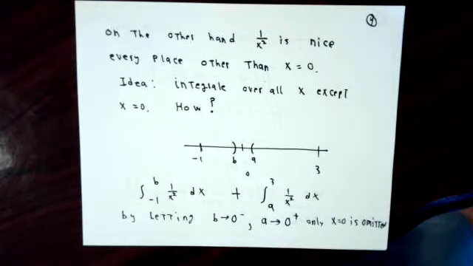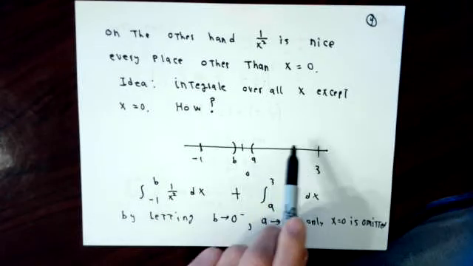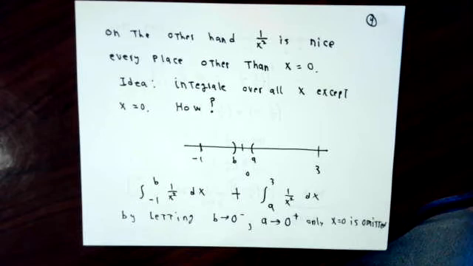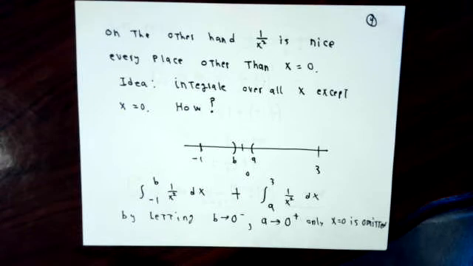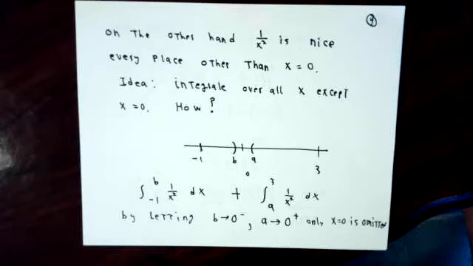And in the end, I'm going to let a approach 0 also, except it's going to approach from the positive side. By doing the limit, the numbers that don't get included in the calculation become smaller and smaller as I let the limit be evaluated. When I actually do the limit, the only number that has been excluded from this calculation is x equals 0. That's going to be our trick.